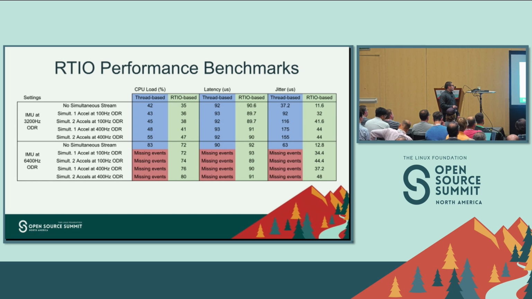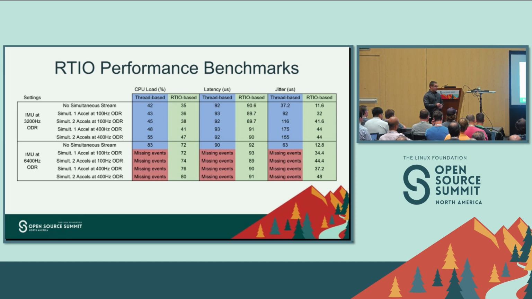And it's worth saying that for the IMU running at 6400 hertz, the thread-based solution was not able to keep up with the stream when you start adding the simultaneous components. Now, we need to be fair. Probably I wouldn't design a system that has 80% CPU load right off the bat. That's not a good practice. But the message here is that with an RTIO-based solution, you're able to push the boundaries further and get more predictable results.